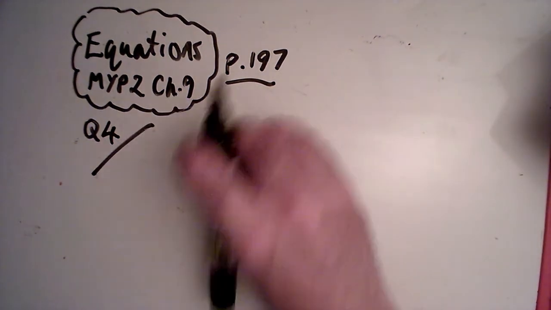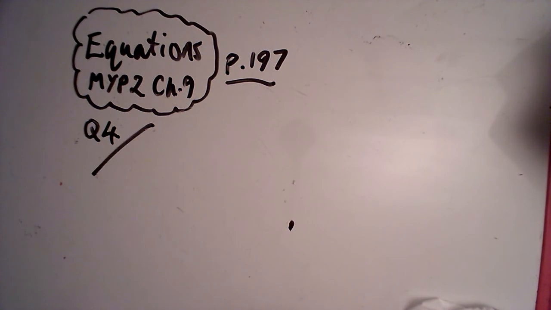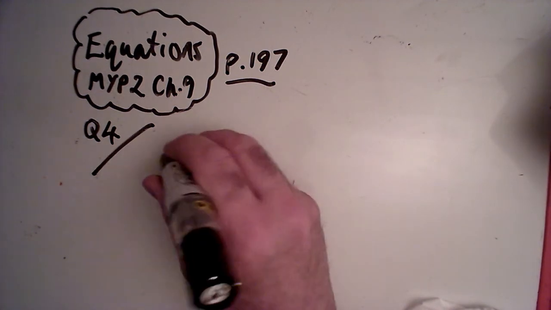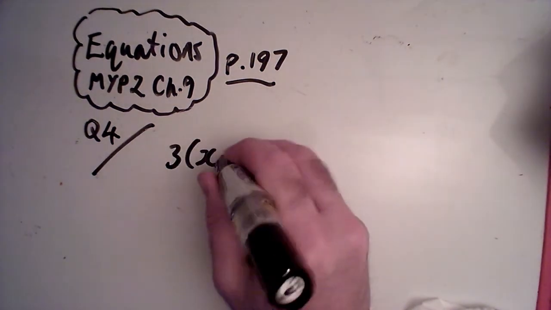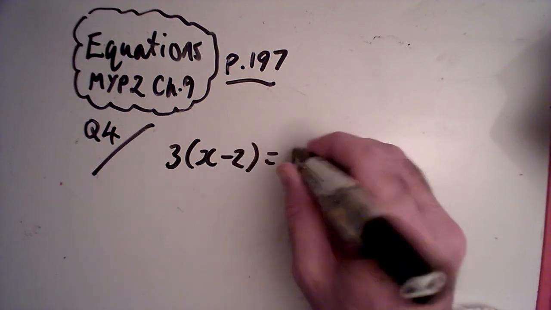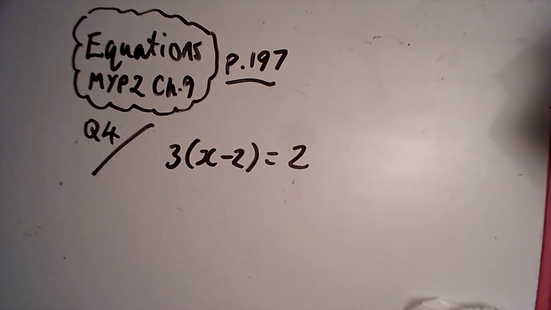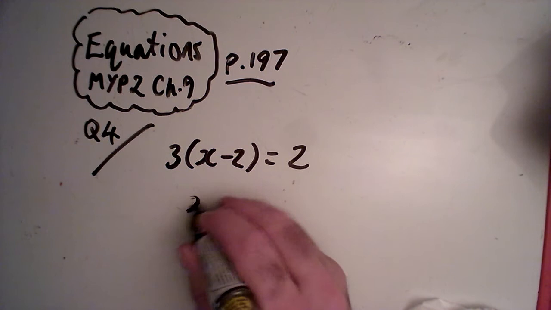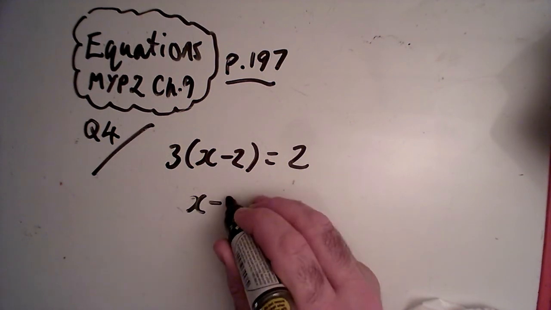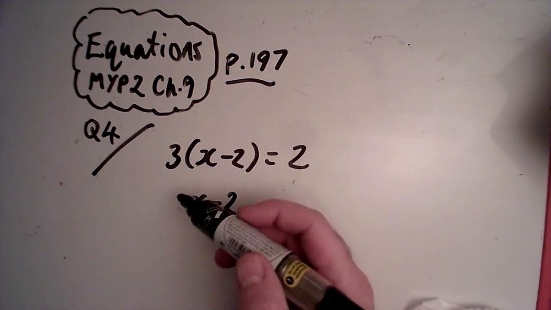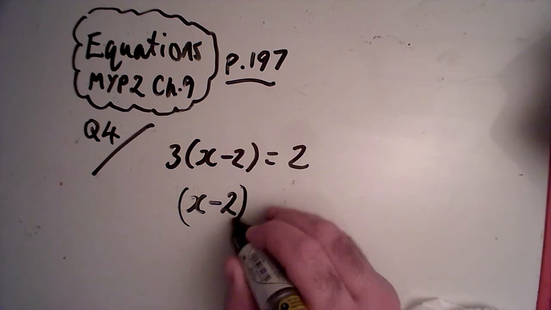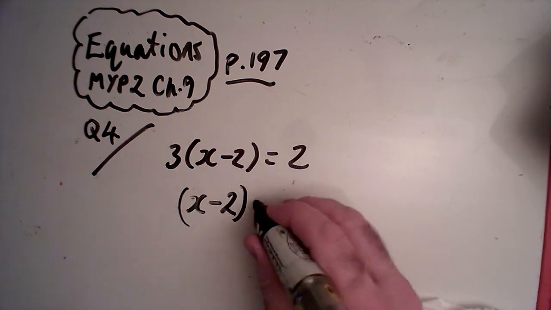Final one in this block, question L. 3(x - 2) = 2. Divide both sides by 3 to get the bracket on its own. So dividing by 3 on the left gives you the bracket on its own.